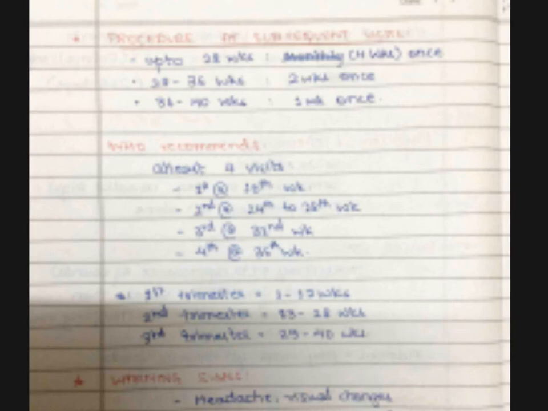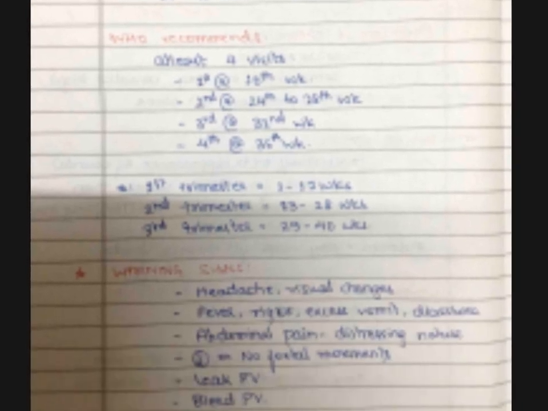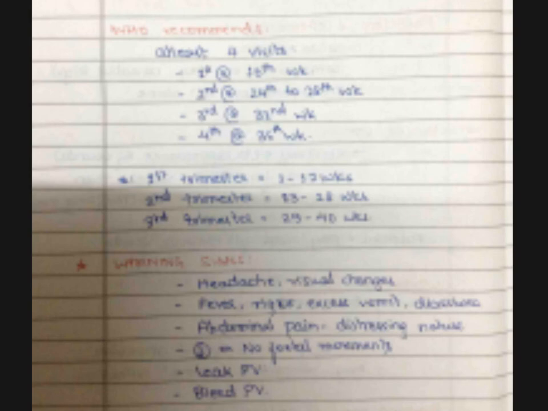Coming to some of the warning signs where the person will be asked to get admitted, these are very important signs, and you need to question about them. First, if the patient complains of headache or visual changes, she needs to get admitted. If there is fever, rashes and rigor, or excess vomiting or diarrhea, she should get admitted.